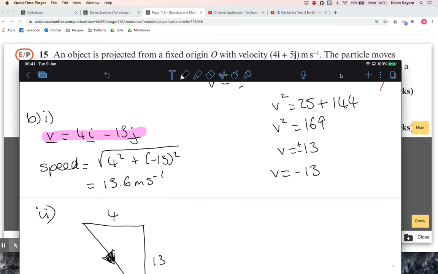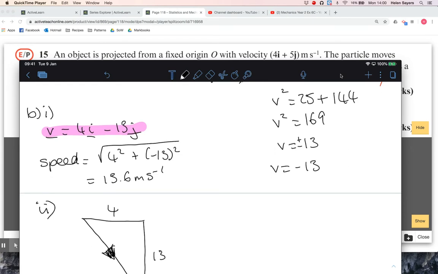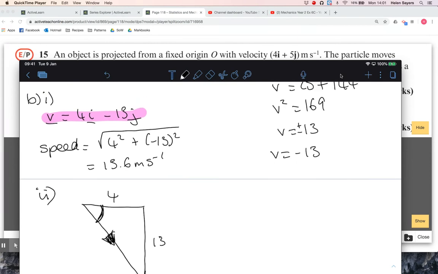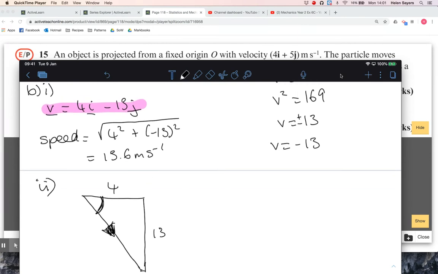So I think the best way to describe that is probably to find that angle there and give it as a direction below the x-axis. So let's call that alpha. So tan alpha is opposite over adjacent.